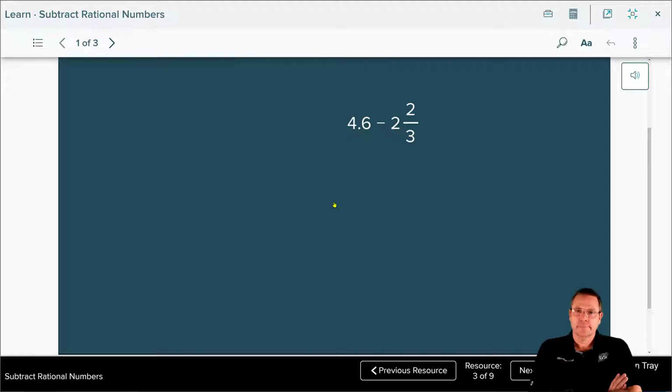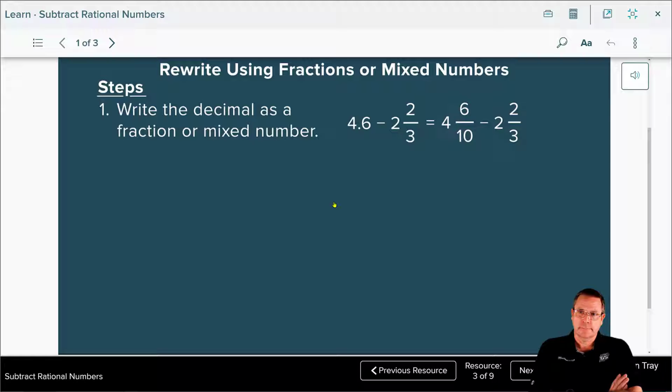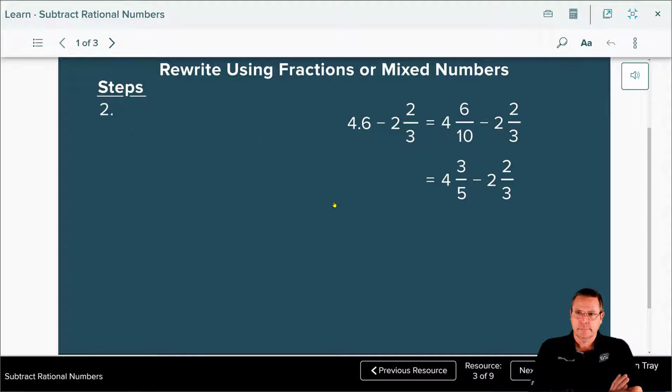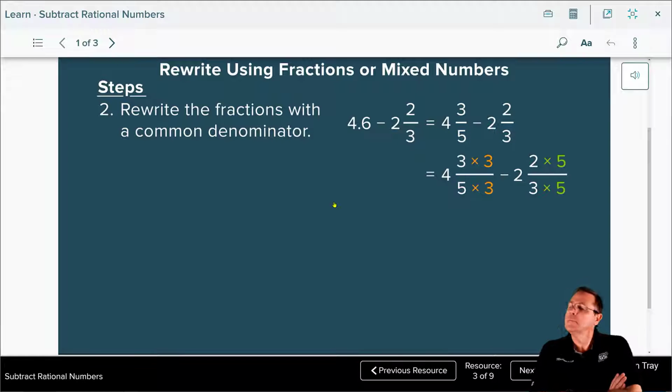Another way to subtract rational numbers in different forms is to write the decimal as a fraction or mixed number. Use this method when the fraction or mixed number cannot be written as a terminating decimal. If the fractions have different denominators, rewrite one or both fractions using a common denominator.